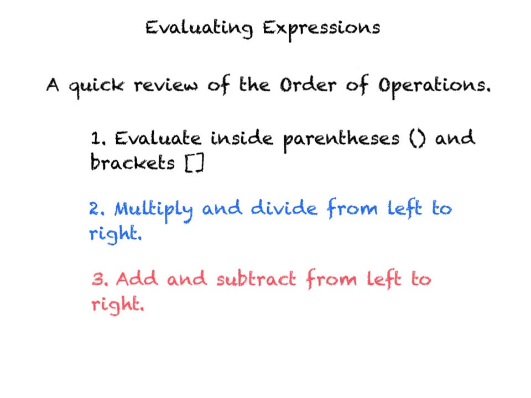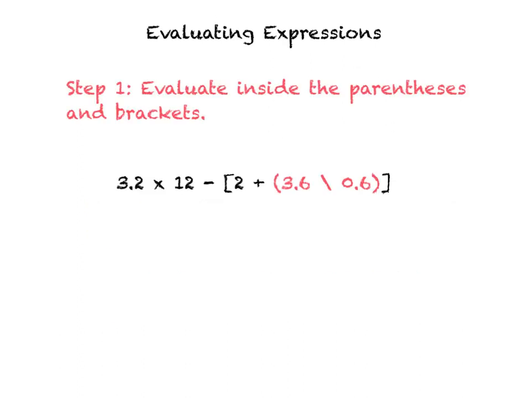So let's get started with a problem. So let's start by evaluating our first expression. As you can see, I have my problem down here. I know my order of operations says that I have to start by evaluating inside the parentheses and the brackets. With that being said, I have a bracket here and I have a bracket here.